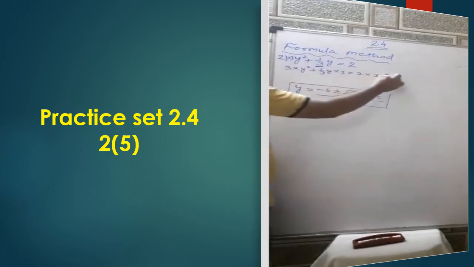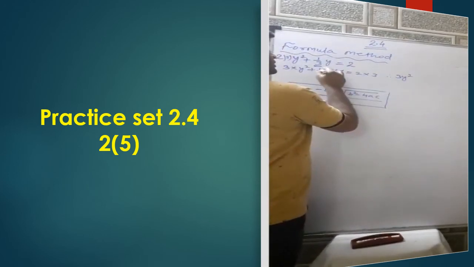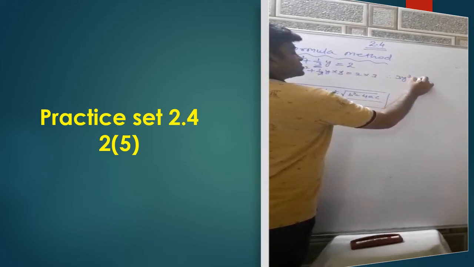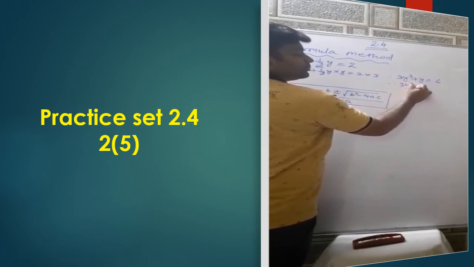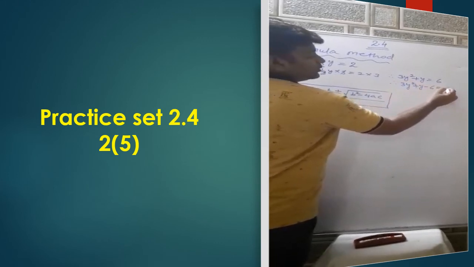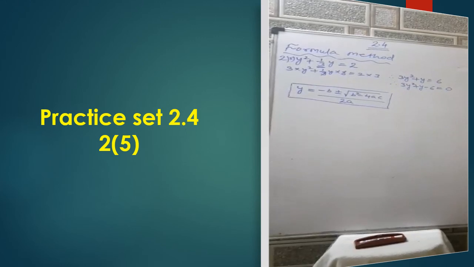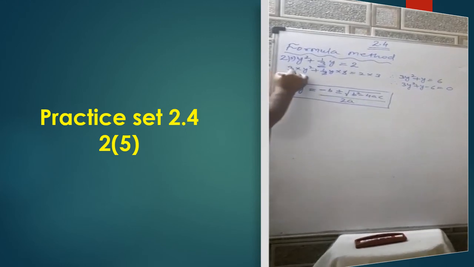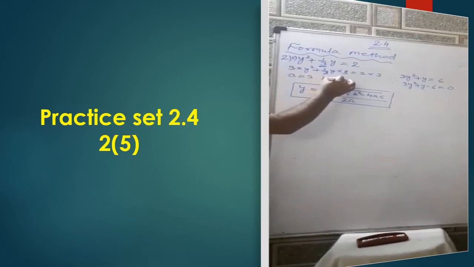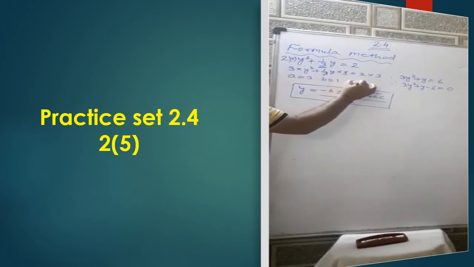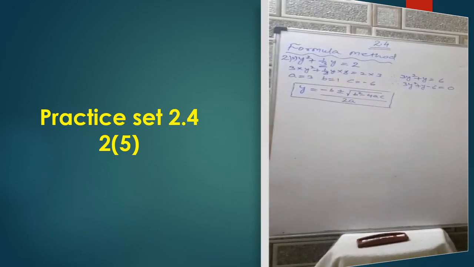So you get 3y square, here 3 cancel, plus y equals to 6. So 3y square plus y minus 6 equals to 0. That we get the equation. Now a is 3, b is 1 and c equals to minus 6.